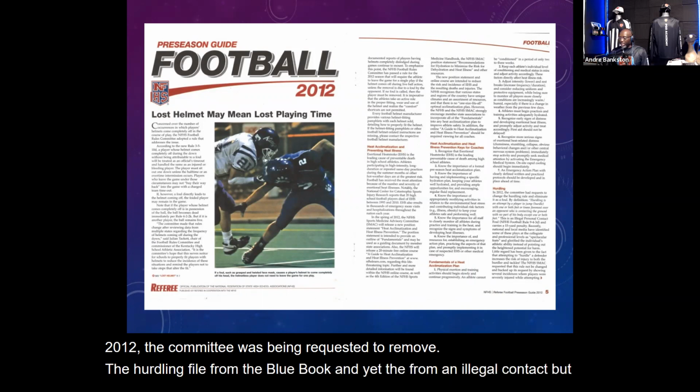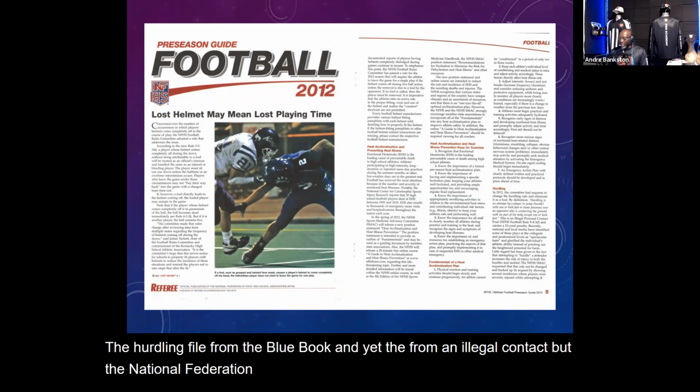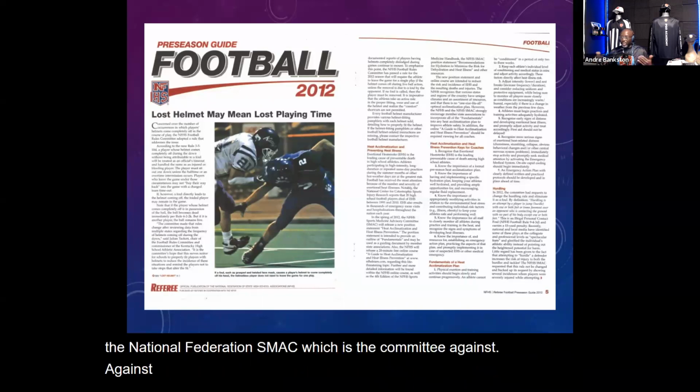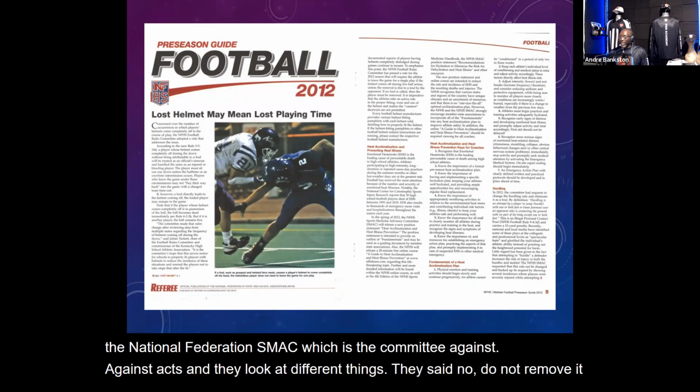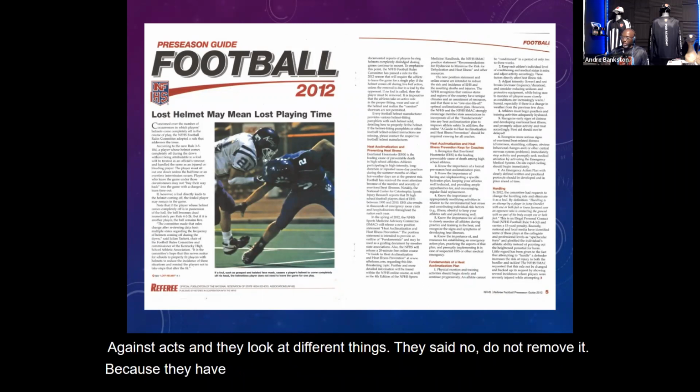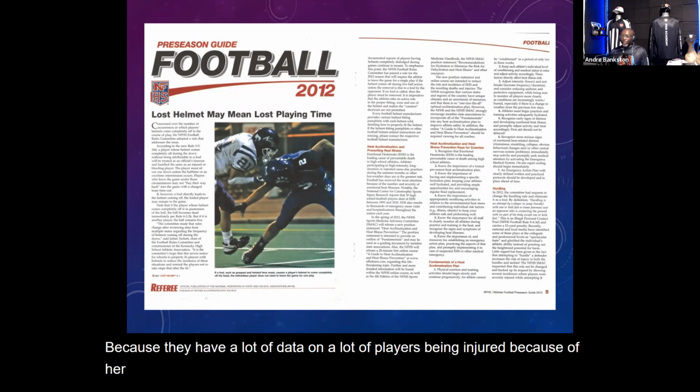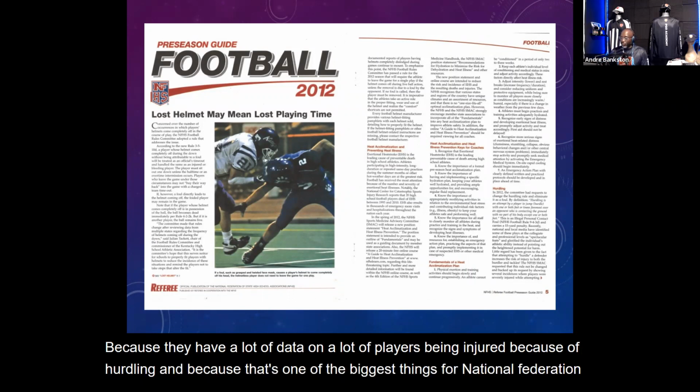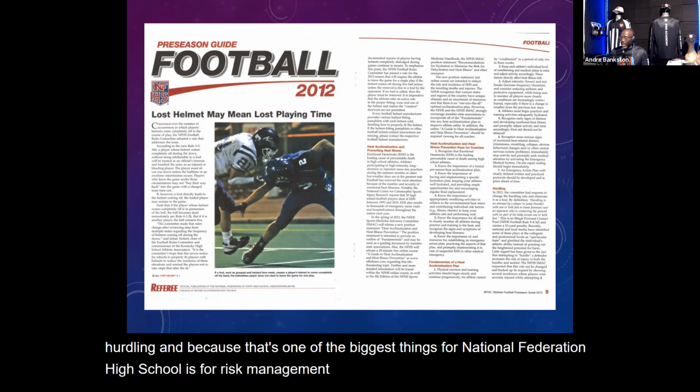But the National Federation SMAC, the sports medicine advisory committee, who look at different things, said no, do not remove it, because they have a lot of data on a lot of players being injured because of hurdling, and one of the biggest things for the National Federation High School is risk management. They decided not to remove it from the rule book.